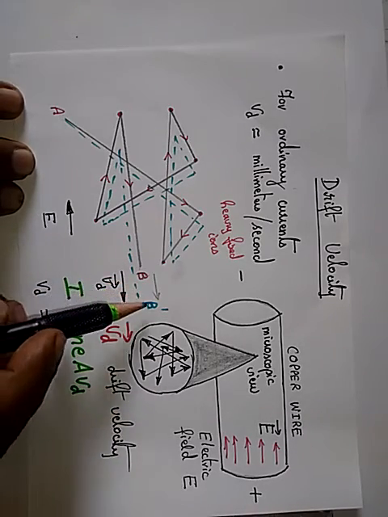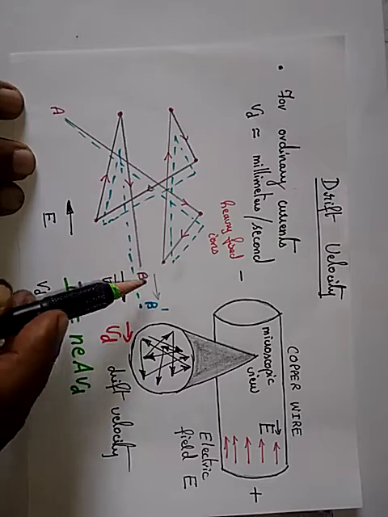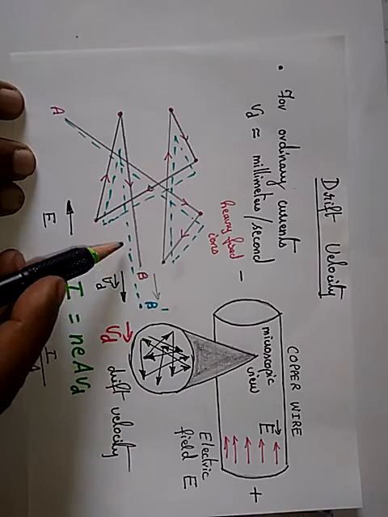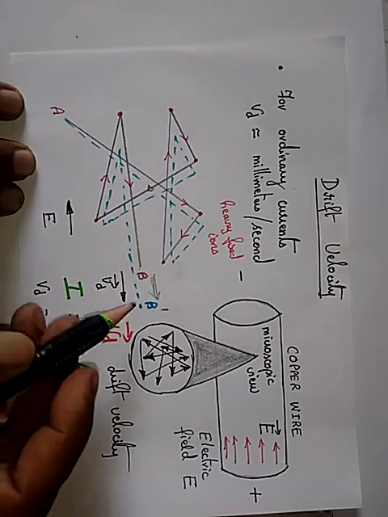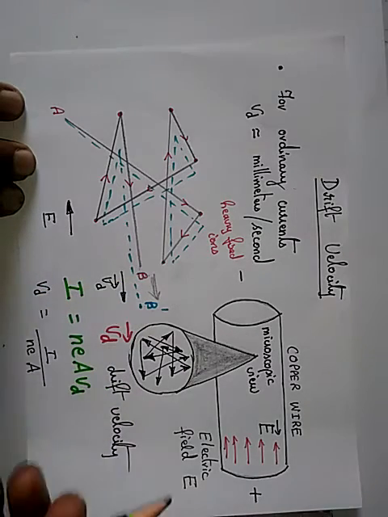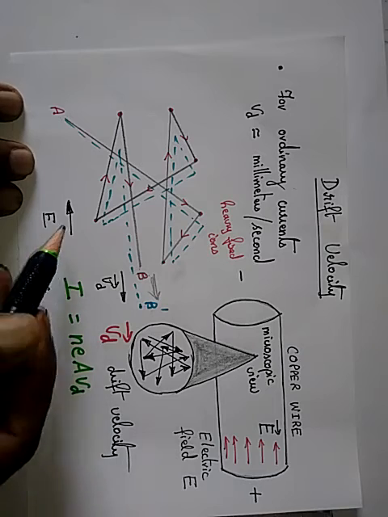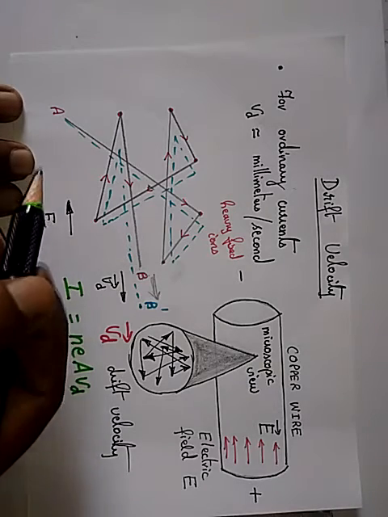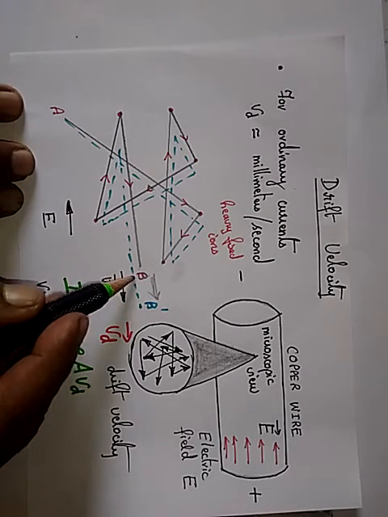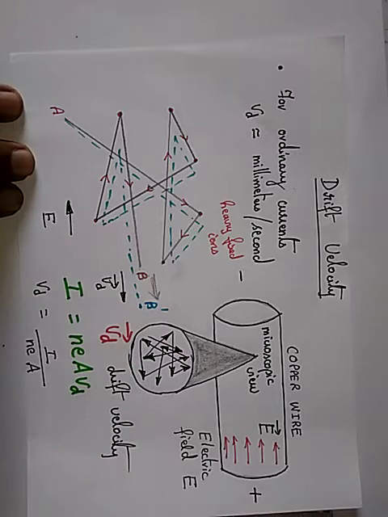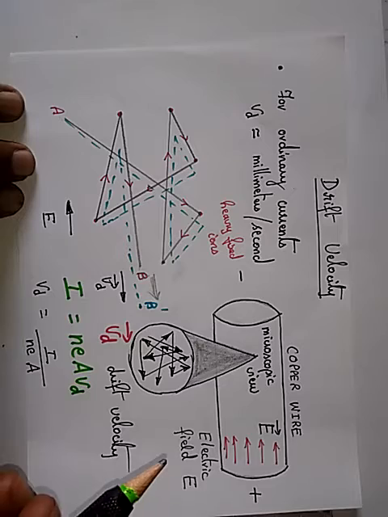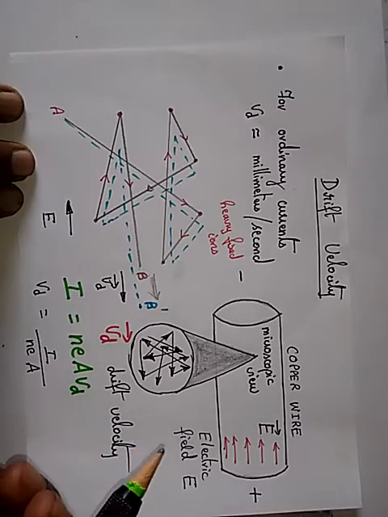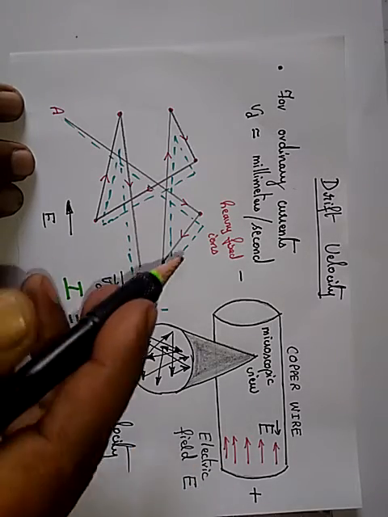If you carefully see, the direction of the velocity of the drift electrons is from B to B dash because of this electric field, whereas the electric field direction is in this direction. So you can see a drift from B to B dash. The speed, as we already told you, is not going to change, and that is called drift velocity.